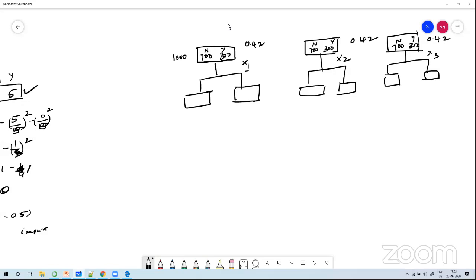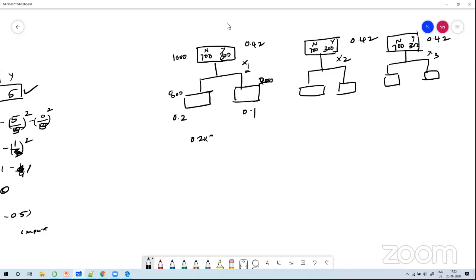When we split this with X1, it is giving us an entropy of 0.2 on the left-hand side and 0.1 on the right-hand side. Let's say we got 600 observations here and 400 observations here, 800 observations here and 200 observations here.